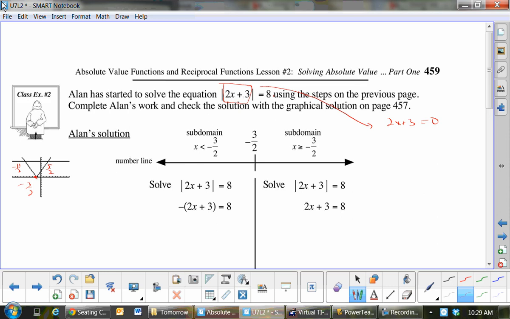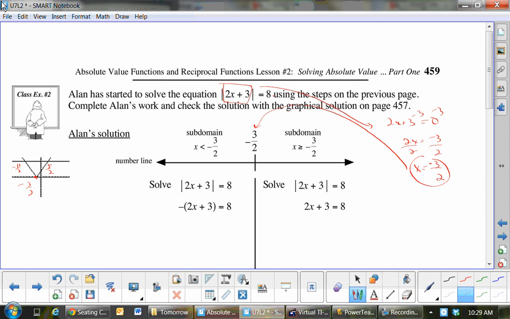Minus 3, 2x equals negative 3. Then divide by 2, x equals negative 3 over 2. Then I'm going to put this in the very middle. Okay, that's when my absolute value equals 0.